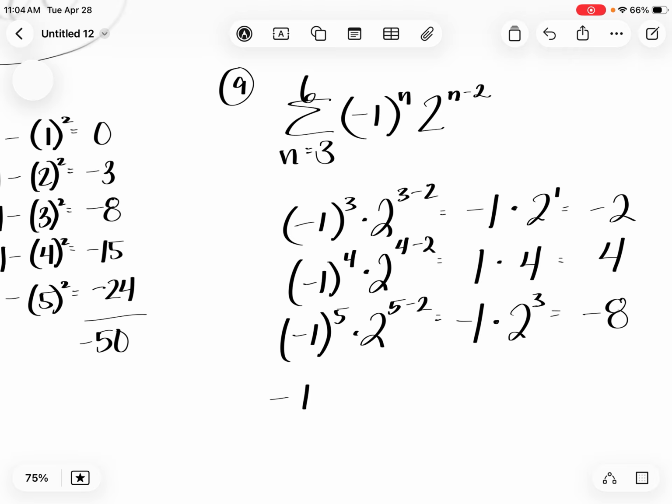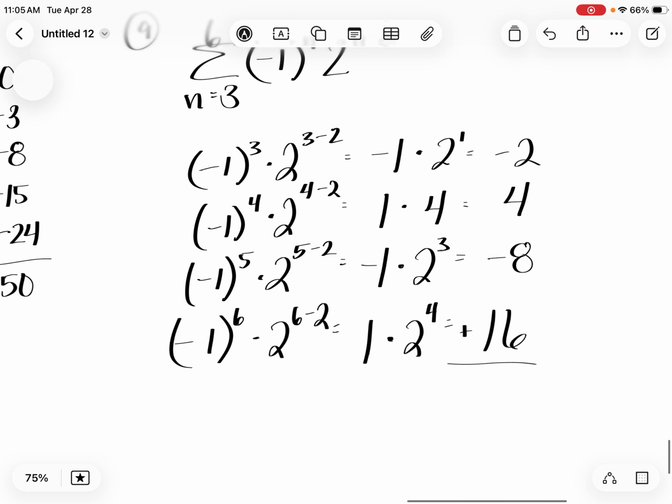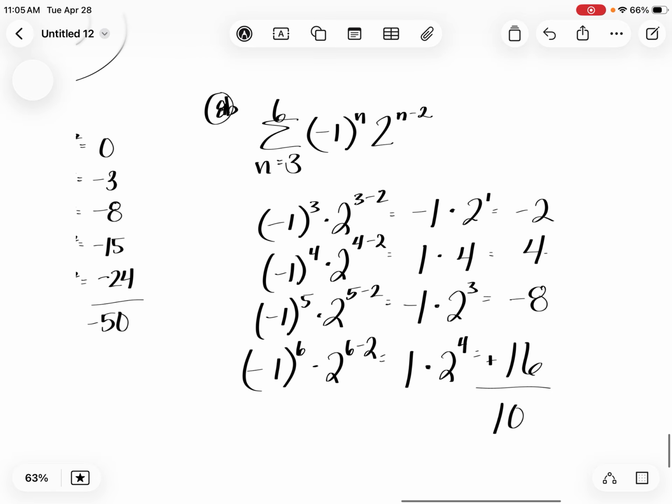And the last one, I put 6 in there. I get positive 1 again, and then 2 to the 4th, or positive 16. And then adding those together, 16 and 4 make 20, minus 10 is 10. So that's not 9, that's 8B, sorry. I said 9 at the beginning, but that is actually 8B, my bad.